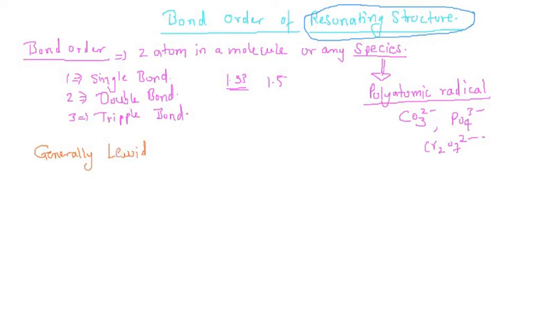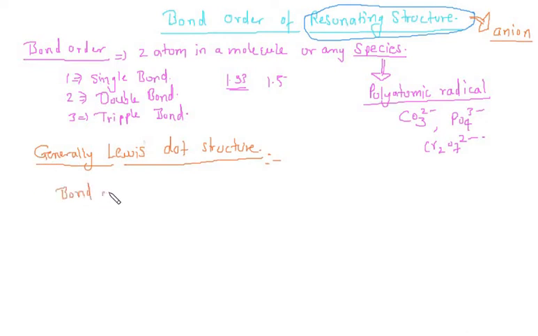But let me tell you very frankly, even if you don't know the Lewis structure, you can still solve the bond order question of any resonating structure, whether of radicals of hydra acids or of anions. You can solve it within 1 minute. So let's have the formula first.